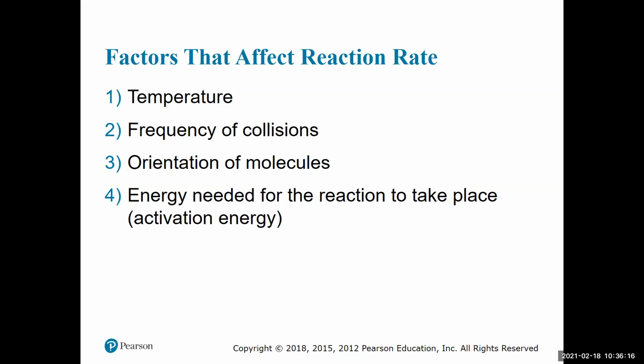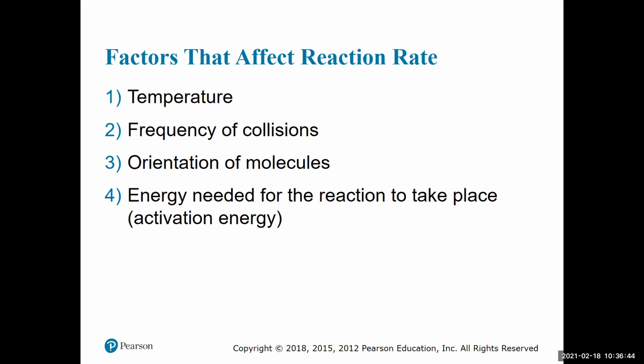Last time we met, we started talking about factors that affect the reaction rate. The four factors we're concerned with are temperature, frequency of collisions, and if you think about it, those two are related. If you heat up the temperature, things start moving around faster and you get a better chance of collisions.